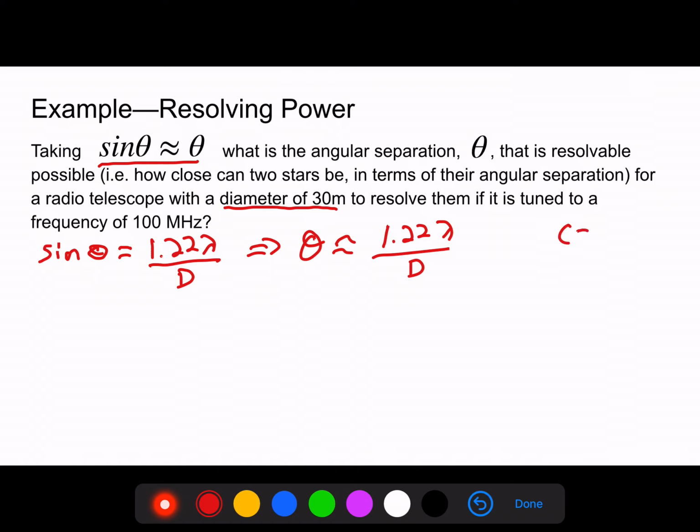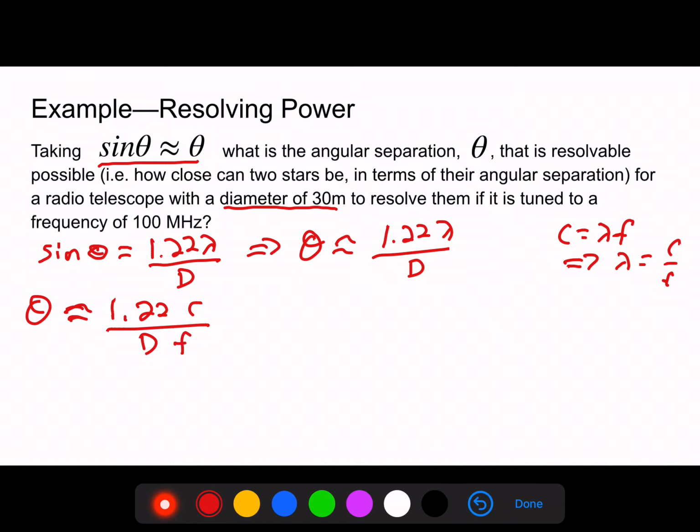However, just as in the last lecture, we can use this equation to solve for lambda in terms of the frequency, and so I can replace lambda in this equation with c over f, and so that will tell me that the angular separation I'm looking at is going to be something like this.